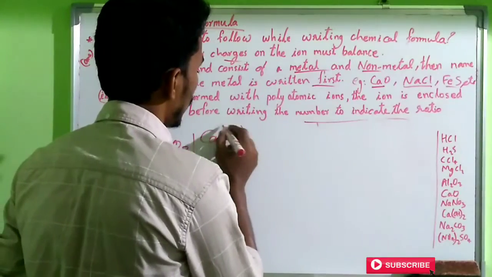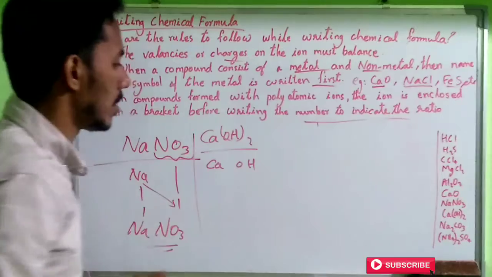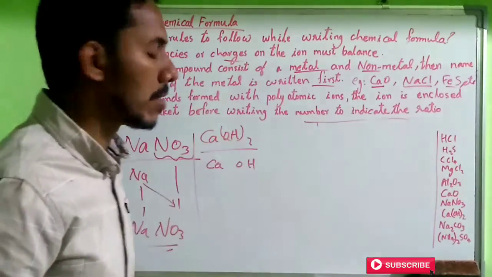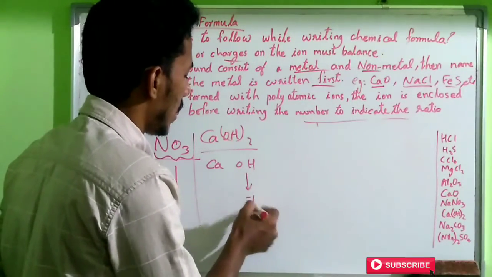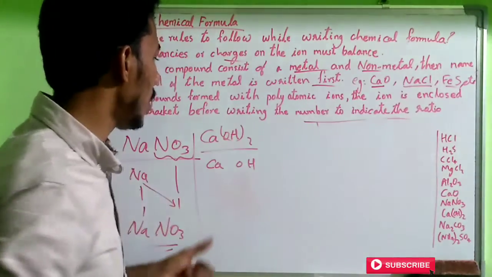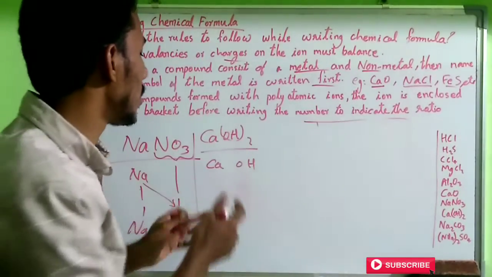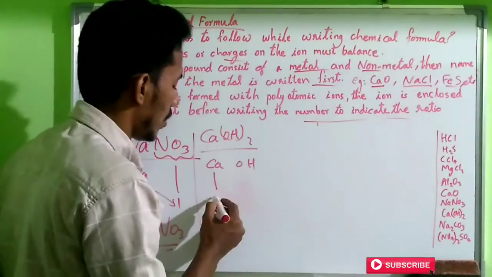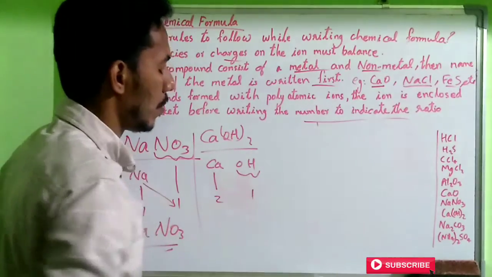Okay. The next one. Ca(OH)2. Ca and OH. Why is OH a polyatomic ion? It has a valency or ion charge of minus 1. What is the valency of Ca? Calcium valency is 2 and OH valency is 1.